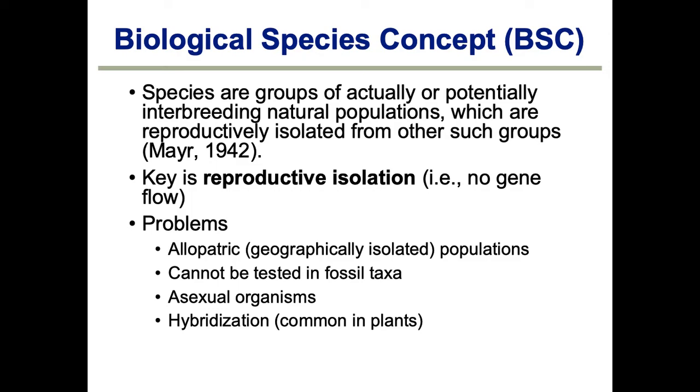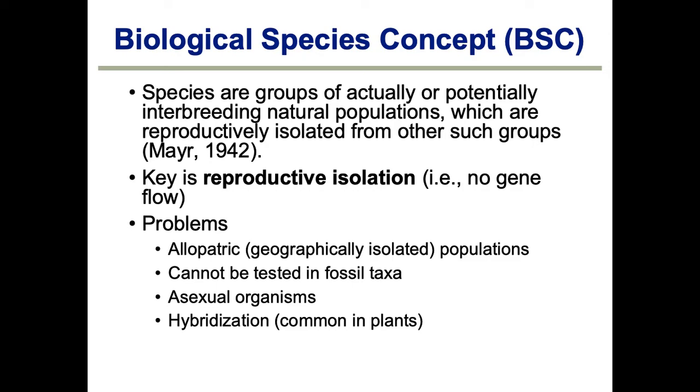Are you going to go collect them and see if they can breed together to figure it out? It makes it very difficult in practice to know for sure if these 2 things are the same species or not. You can't test it in fossil taxa at all, so there would be no way to determine what's a species in fossils.